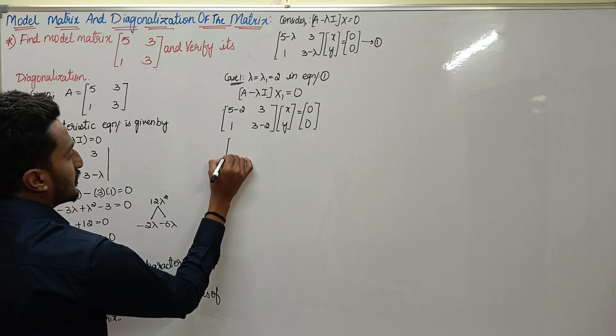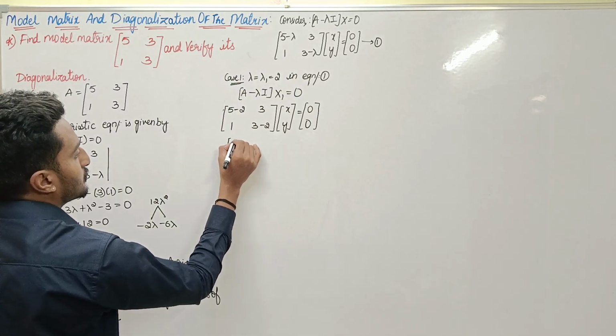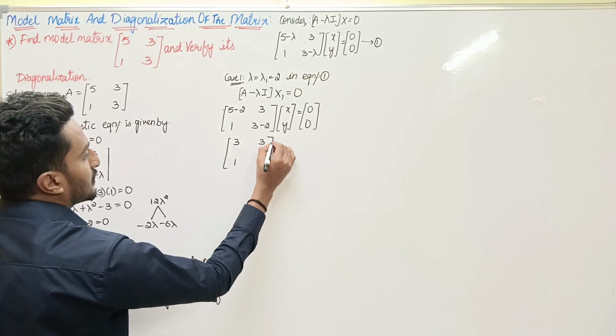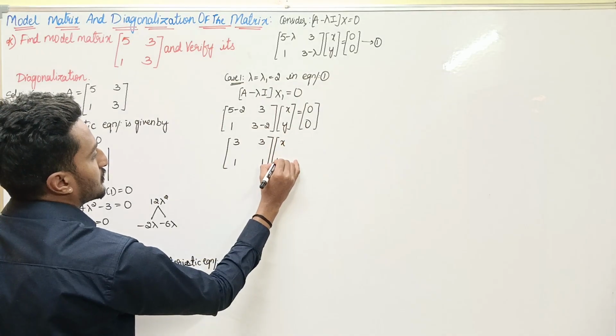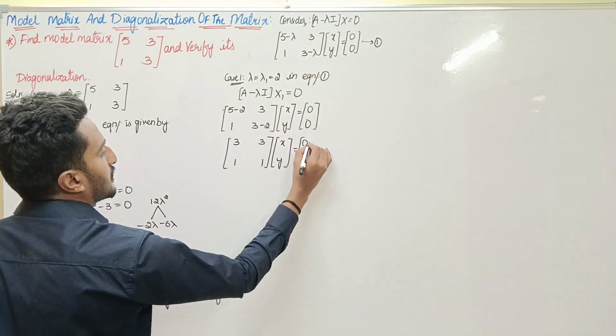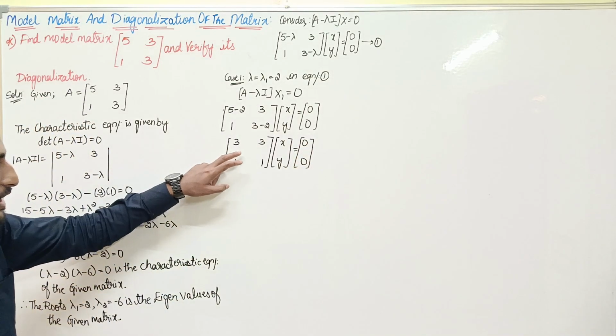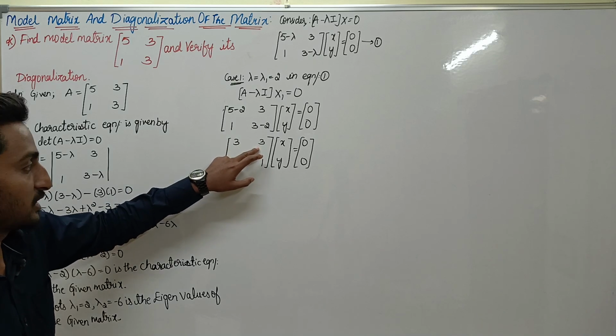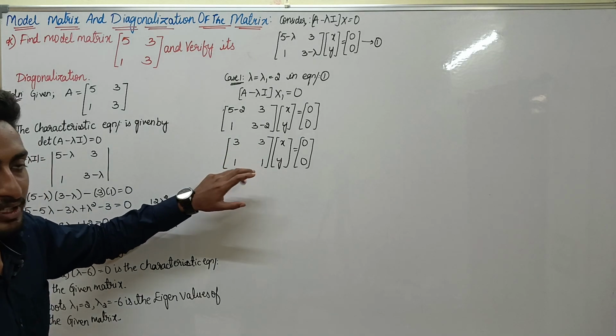Simplifying, we get 3, 3, 1, 1 into x, y equal to 0, 0. The first row and second row are the same, because if I divide the first row by 3, again you get 1, 1.